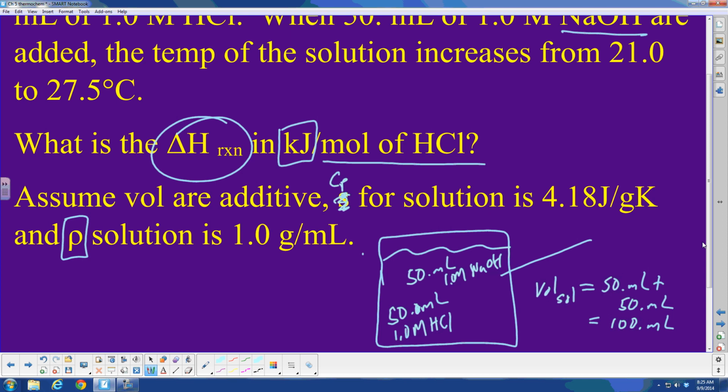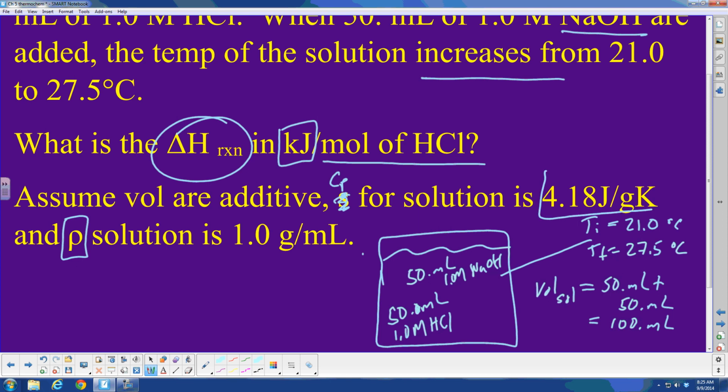Okay, good. They tell me my temp increases from, what is the T initial? T initial is 21.0, and my T final is 27.5. Both of these are what? Degrees Celsius. Good.